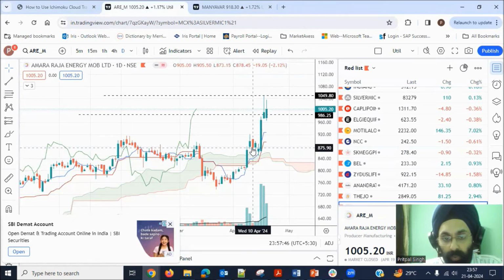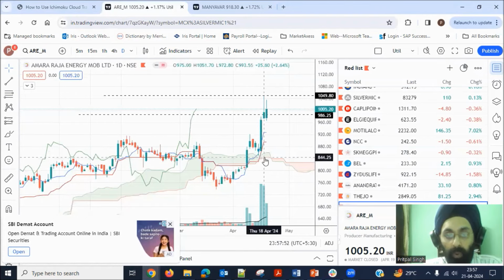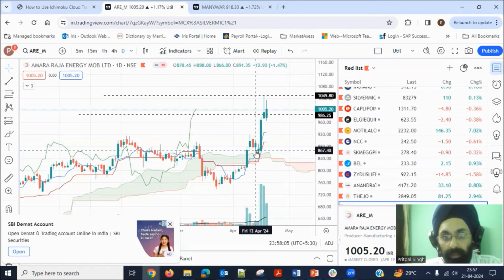So you will wait for the price to come back near the top of the cloud or near the level where it closed on that day, which is 866. So you wait till here, and you see after 3 days price came back here.